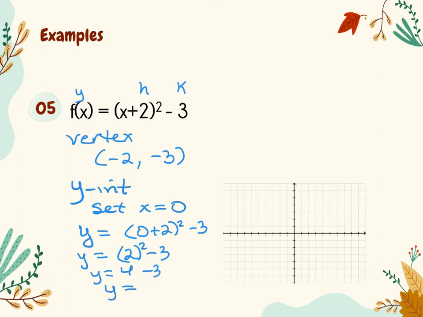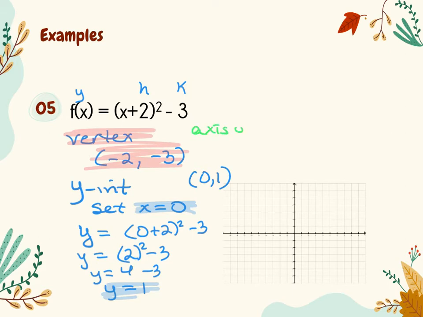So the y-intercept is the ordered pair (0, 1), because I plugged in 0 and then I got y equal to 1. So I'm going to graph that. I'm going to graph my vertex, and I'm also going to graph my axis of symmetry.